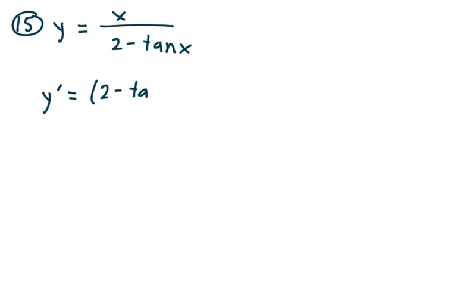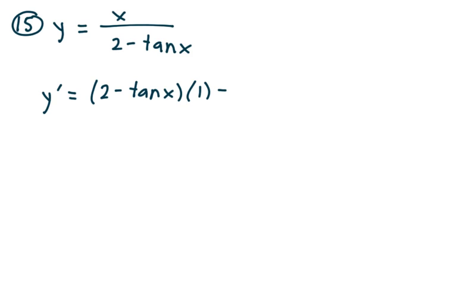We have y equals x over 2 minus tangent x. Again, this is a classic quotient rule problem. So y prime, we're going to write down the bottom function, which is 2 minus tangent x. We're going to take the derivative of the top function. So the derivative of x with respect to x is 1.